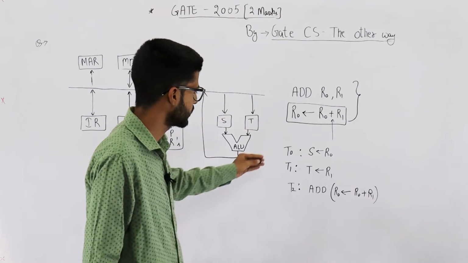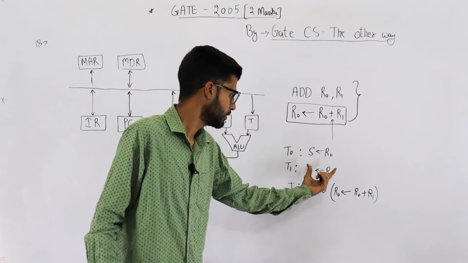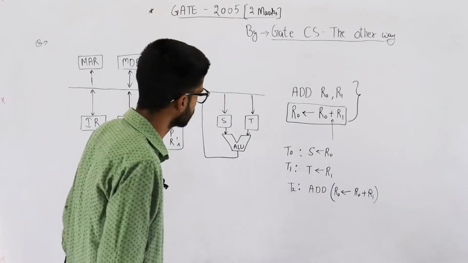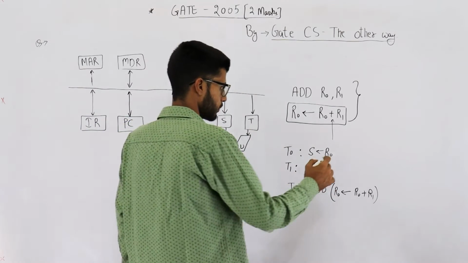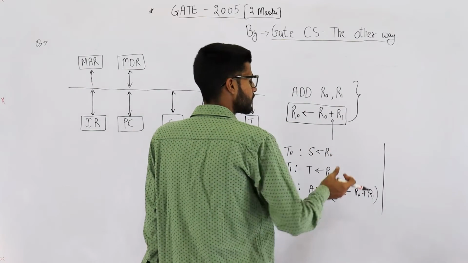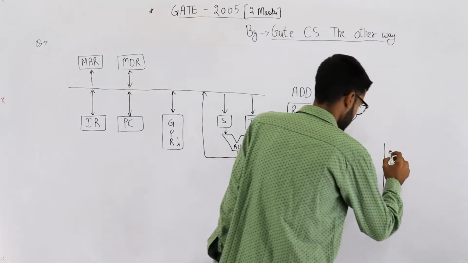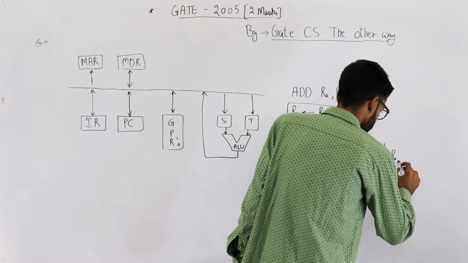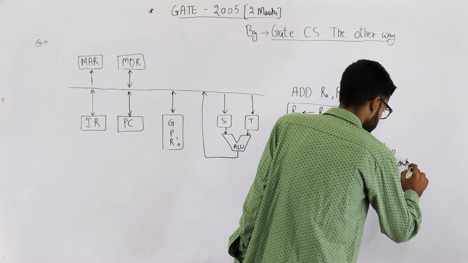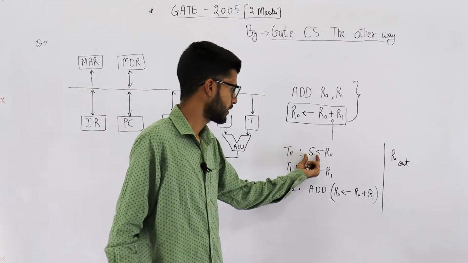Now, if you want to see what control signals are going to be generated for performing these operations, let's see those control signals as well. So here R0 is the source. That means R0 is supplying some value, so R0 needs an out signal. S is the destination.